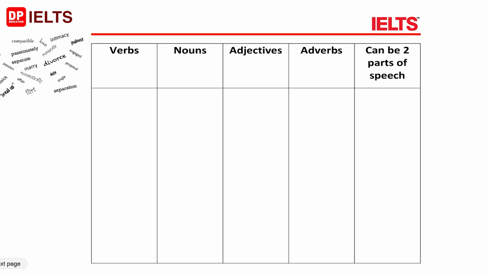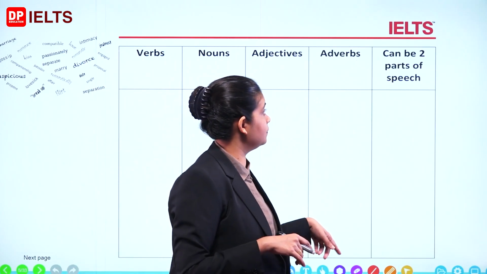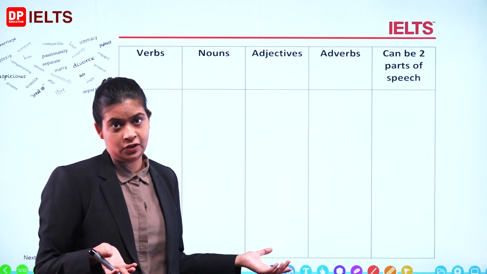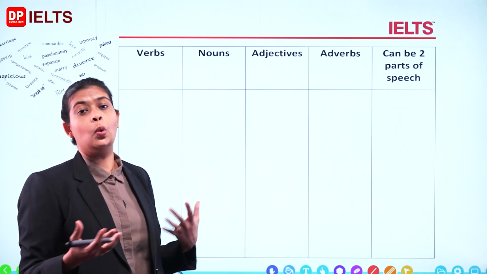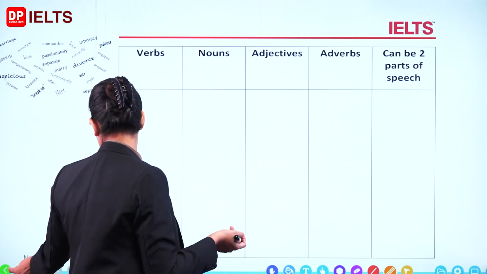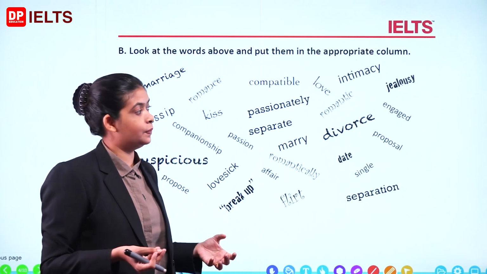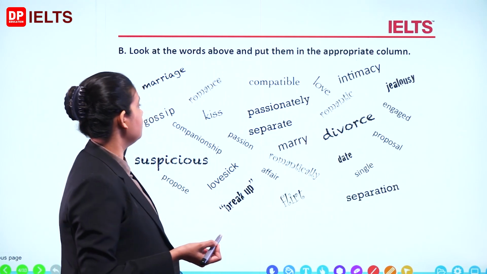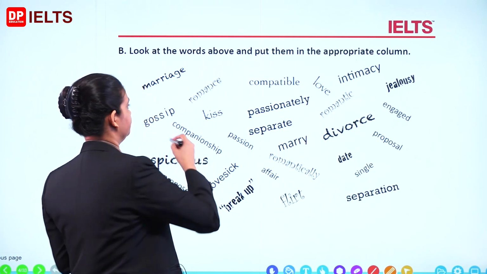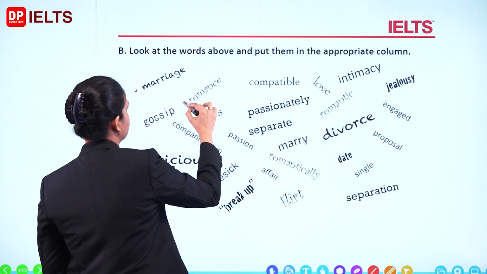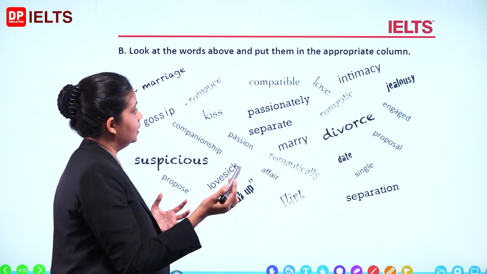Verbs, nouns, adjectives, adverbs can be two parts of speech. ඒ කියන්නේ මෙතන තියෙන දෙකෙන් ඕනම එකකට අයිති වෙන්න පුළුවන්, right? But let me go through the words first. ඉස්සෙල්ලා අපි බලමු words ටික. Marriage, කසාදය, right? Romance, ආදරය, okay?